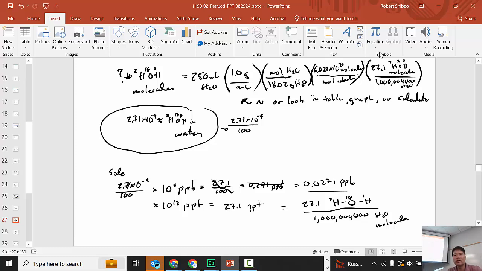Okay, and so the units cancel out, which is what we want, and we'll go 250 divided by 18.02 times 6.022 times 10 to the 23rd times 27.1.